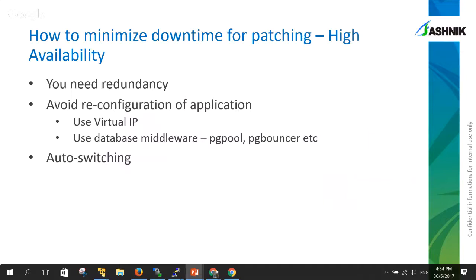And you should be able to do auto switching or auto promotion of the standby. If that is not happening, then you might have to do a lot of things manually, and that again increases the downtime.